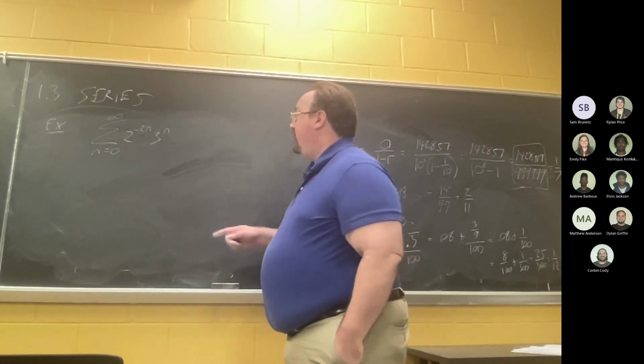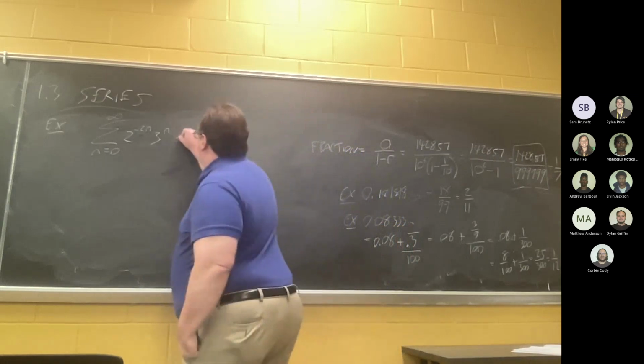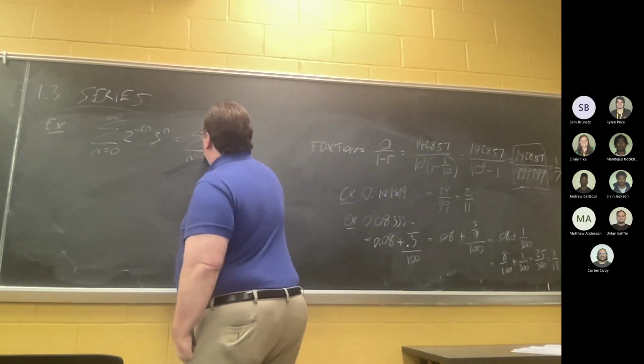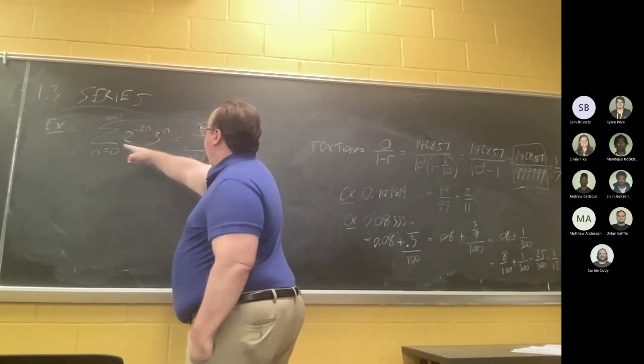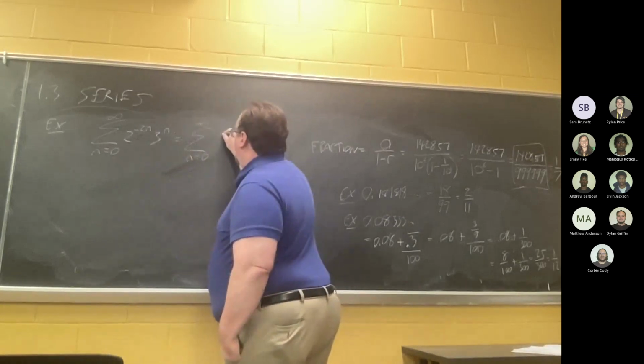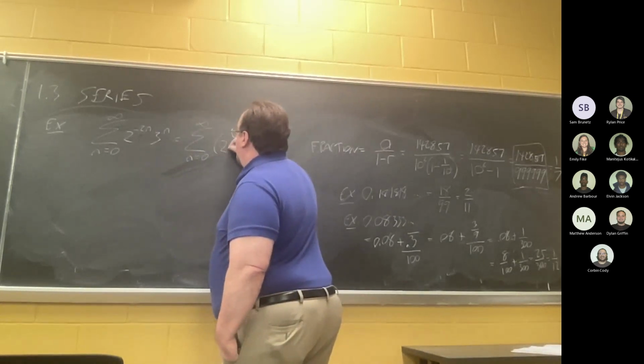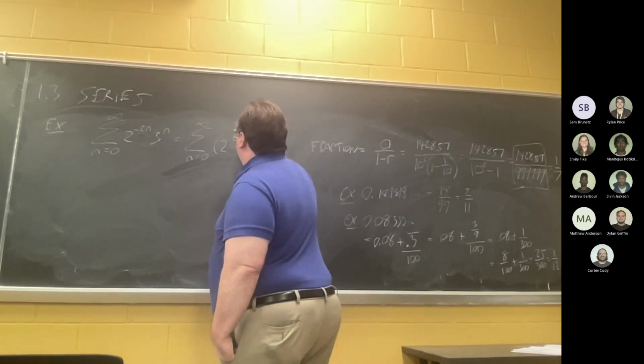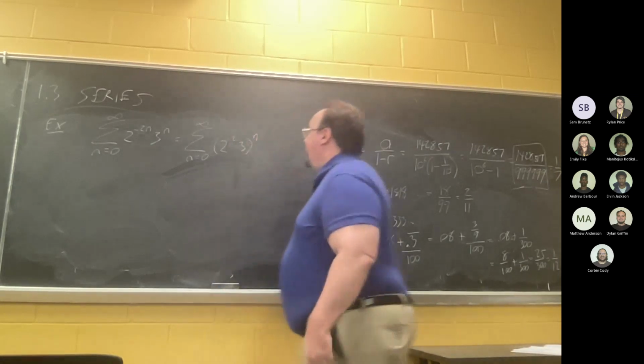It may be helpful to write it differently to easily see what is A, what is R. Since everything here is raised to the nth power, I can write it using the laws of exponents: 2 to the minus 2 times 3, all raised to the nth power.